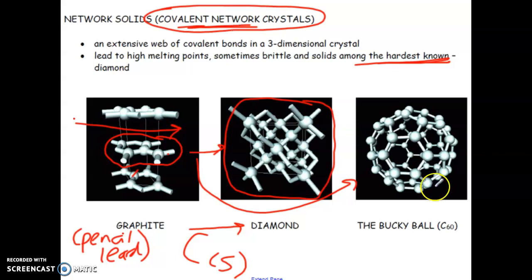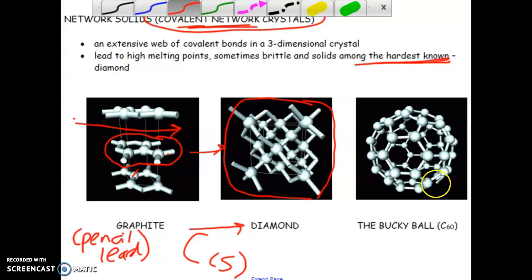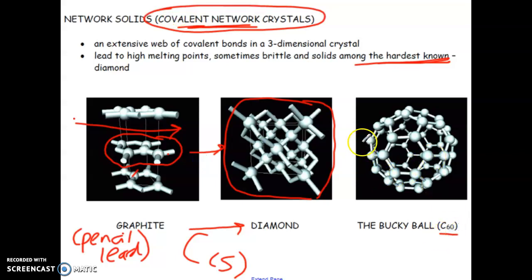So over time, right, not only do you have network patterns, but the pattern can also change over time. Now, a buckyball is not something that diamonds will turn into. This is actually also made up of carbon atoms. So it's 60 carbon atoms that create this spherical form. This is actually used quite a bit in research and development in many different fields of science.